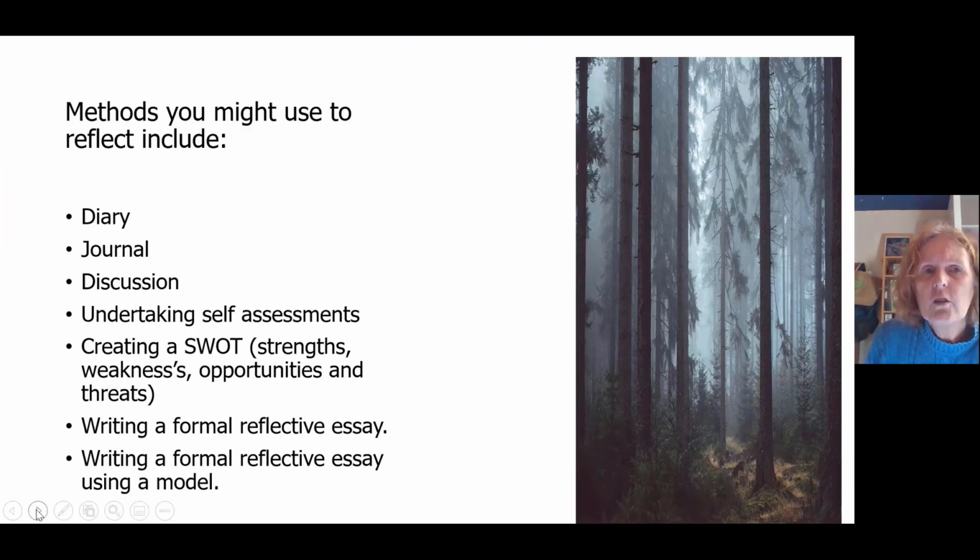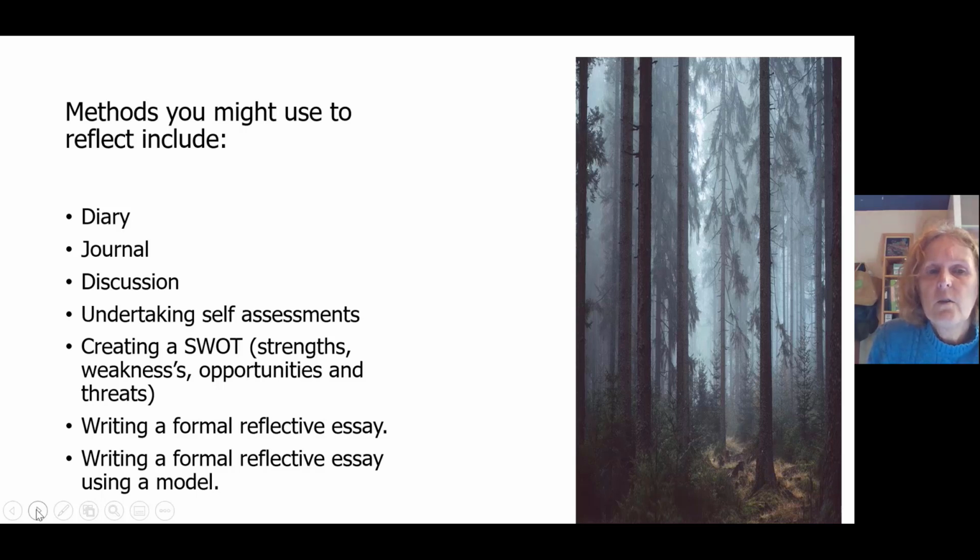There are lots of ways you can reflect. At university, you might be asked to create a diary, keep a journal. You might reflect in a discussion, either in a group or a one-to-one. You might undertake self-assessments. You might be asked to create a SWOT, which is strengths, weaknesses, opportunities and threats.